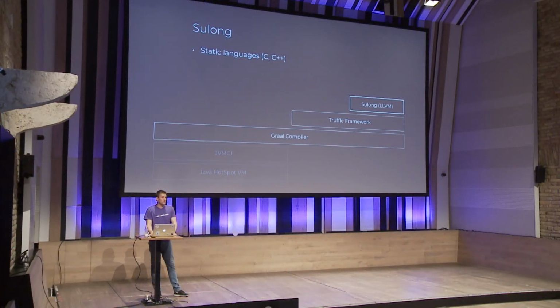Another language support module of Graal is called Sulong. Instead of targeting the dynamic languages, it supports static languages like C or C++. Basically, this is an LLVM bytecode interpreter, and it is also written in Java.